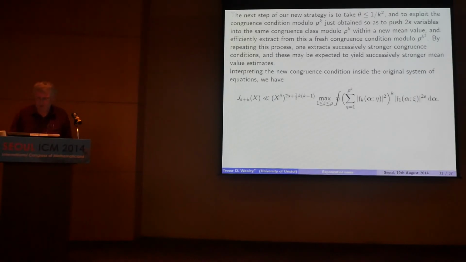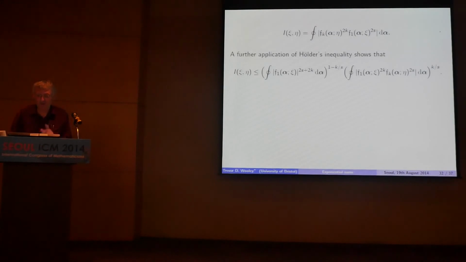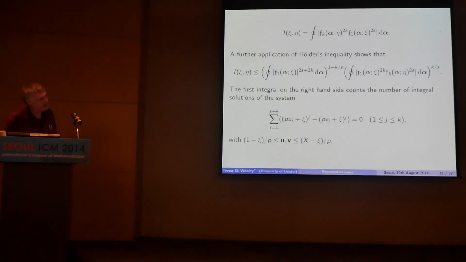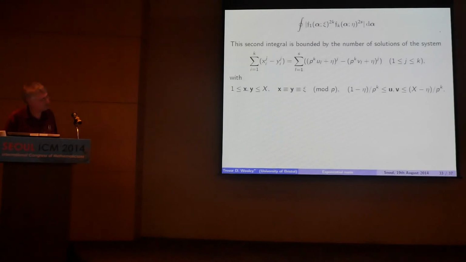And the argument, well, in the interest of time, I think I'll fast forward through this. The estimate that you get ultimately depends on a mean value which has very similar shape to the one we just considered, but where the variables are now constrained not modulo p, but modulo p to the k. So here we are. That's the point that I want to make.